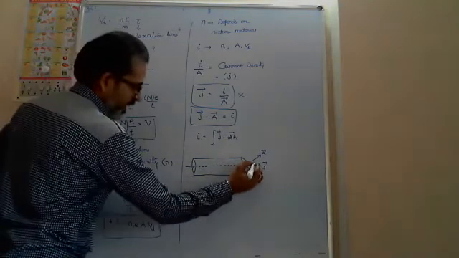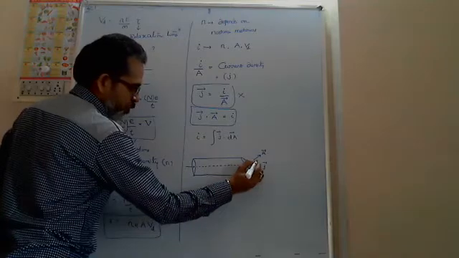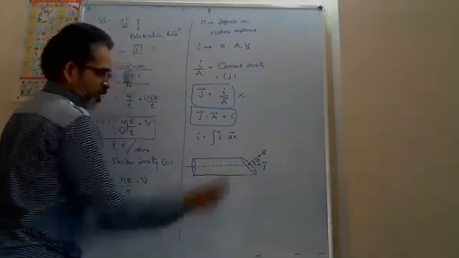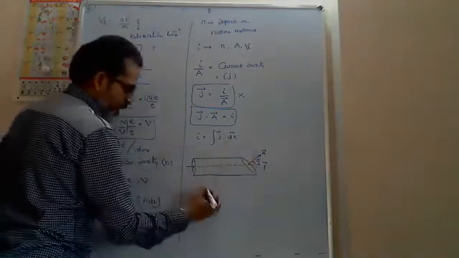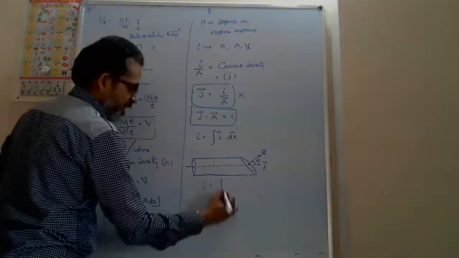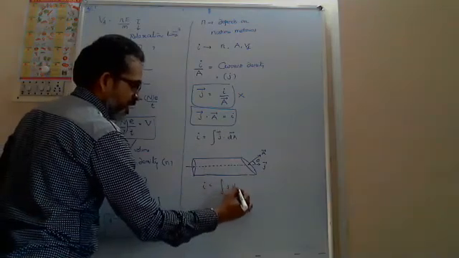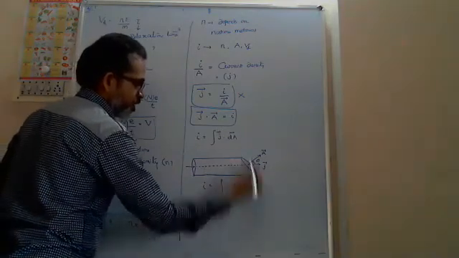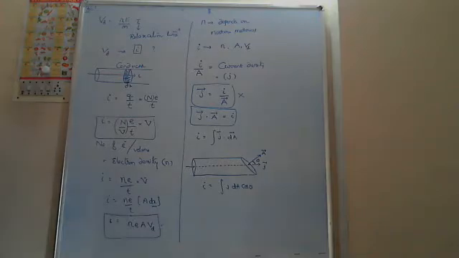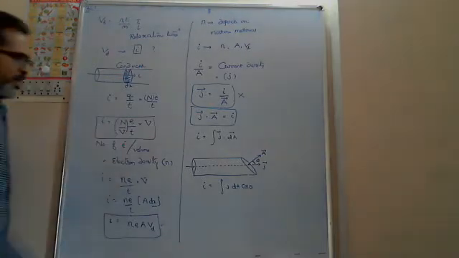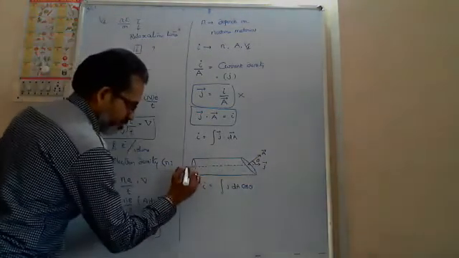If you see some angle between the two, some theta, then I have to write the same formula as the integral of J dA cos theta, the dot product.